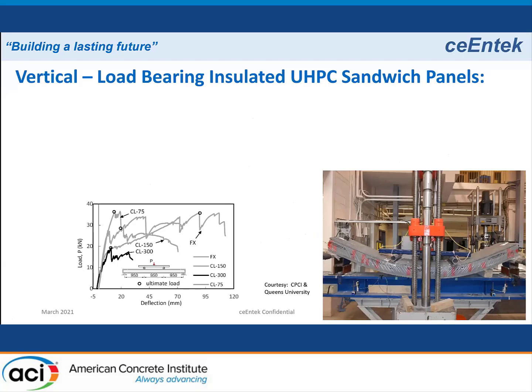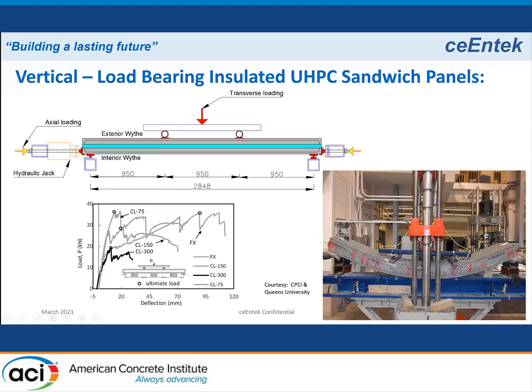And here you can see in the bottom right, this is a panel without any ribs. So this is 2 wythes, 1 inch thick, with the insulation in between. There are no ribs on this panel, and you can see the amount of ductility, flexibility in this particular panel. But in a wall panel, you don't want this type of deflection, because the axial loads will amplify the bending moment and create more problems in the structural design.